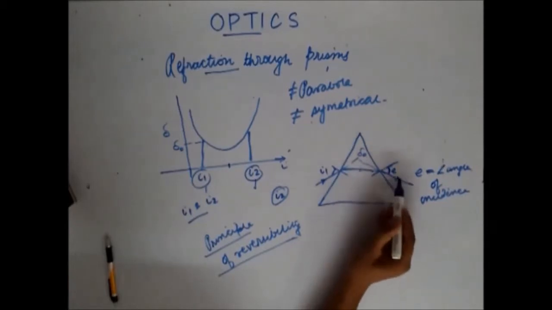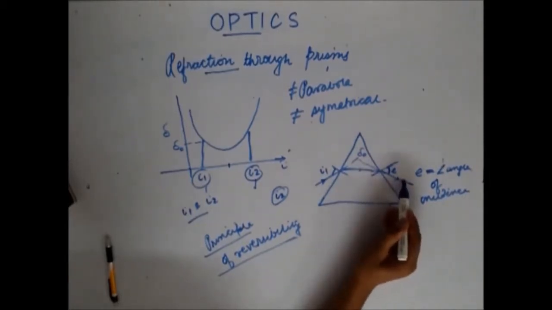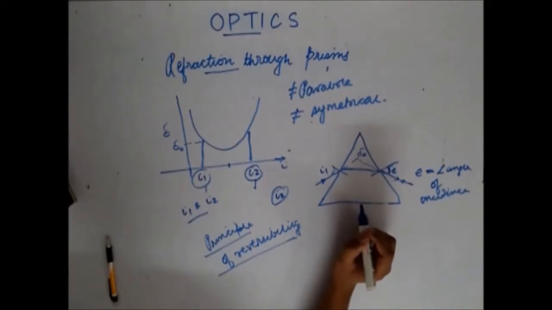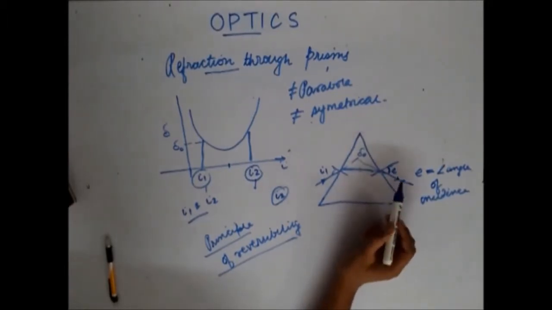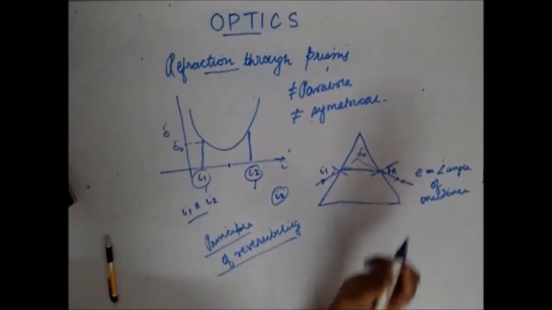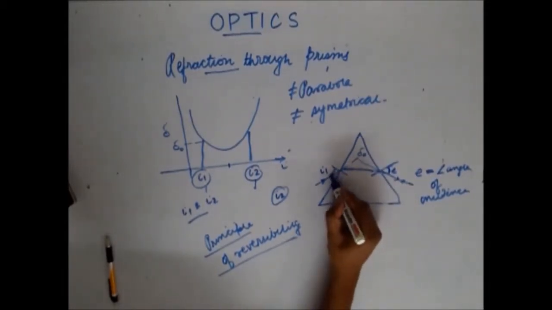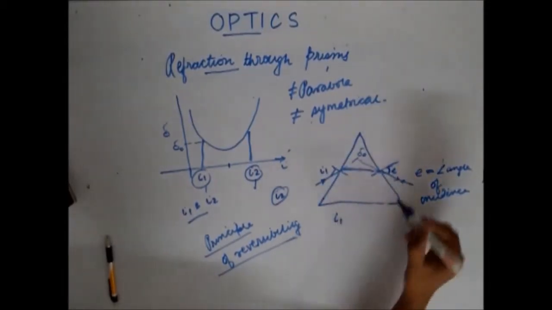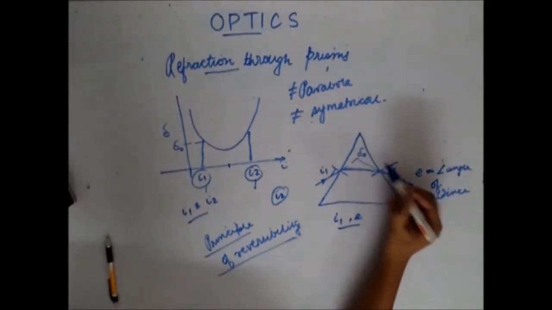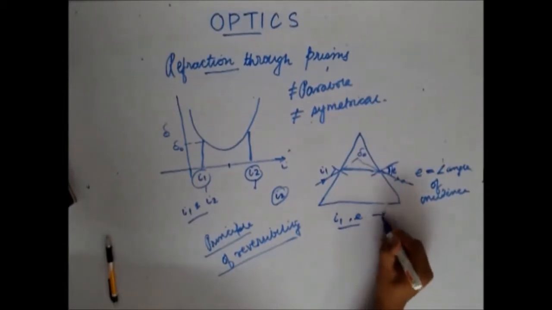It will retrace its path like this, and angle I1 will become the emergent angle. The deviation in this case is still delta naught. So whether I give an angle of incidence I1 or an angle of incidence E, the angle of deviation is still delta naught.